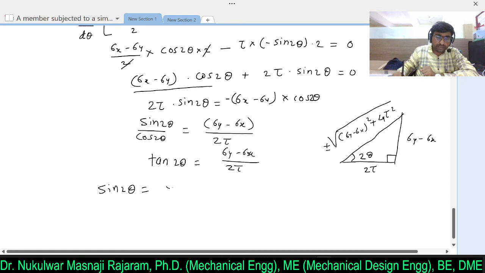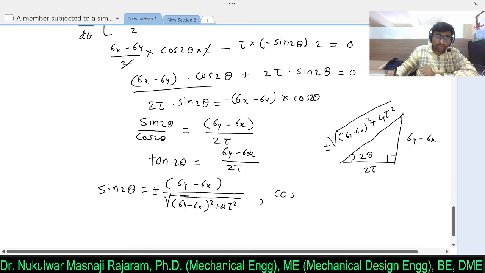So I will rewrite sigma y minus sigma x divided by, so again this is plus and minus, remember, sigma y minus sigma x whole square plus 4 tau square.